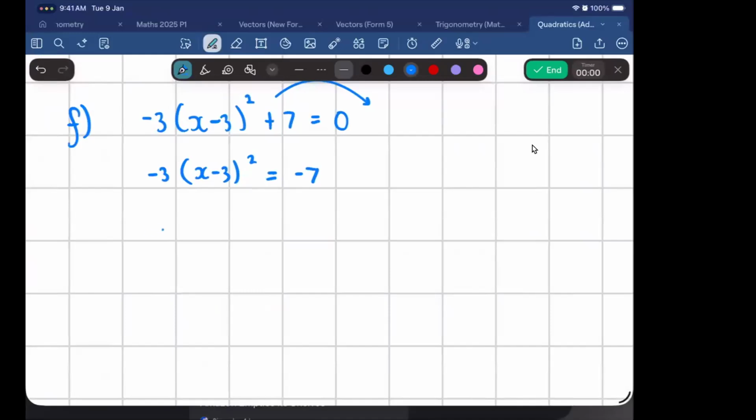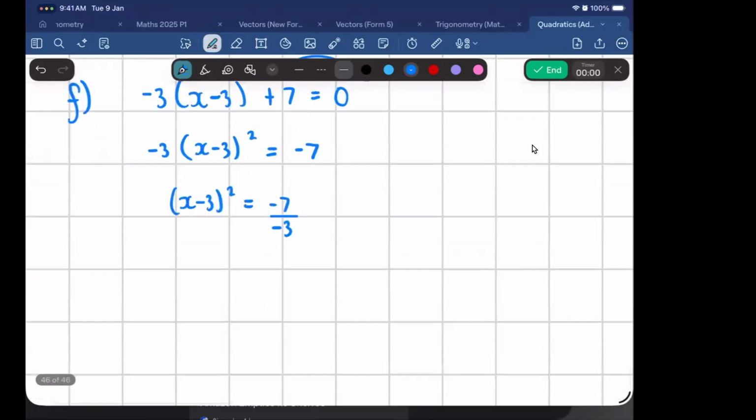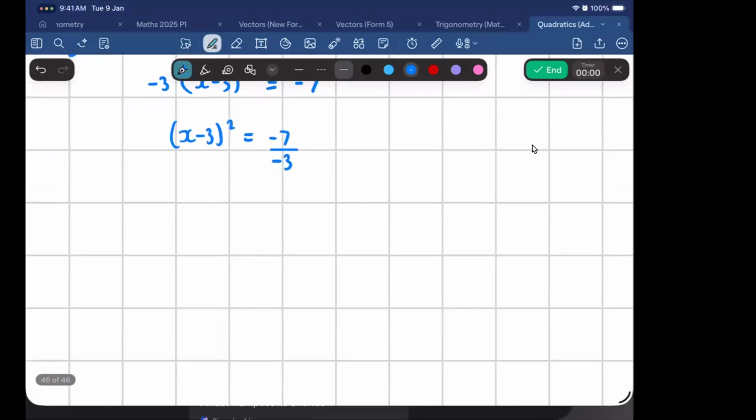Minus 3. So in the next line I'll get minus 7 over minus 3. What about the left-hand side? X minus 3 squared. What is minus 7 over minus 3? The negatives cancel out each other and it will be 7 over 3.